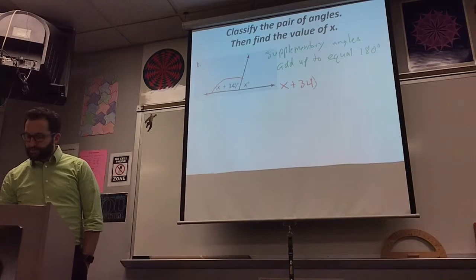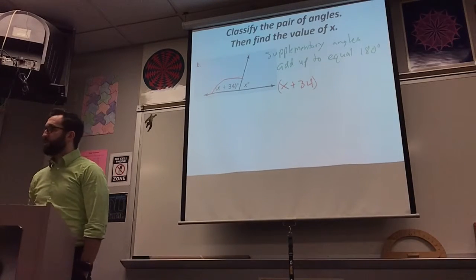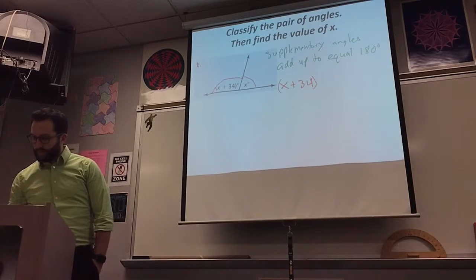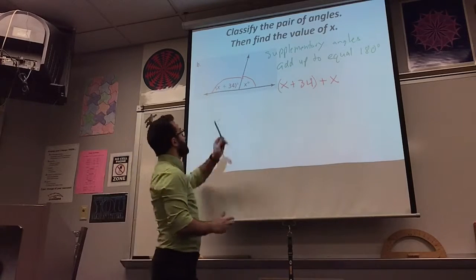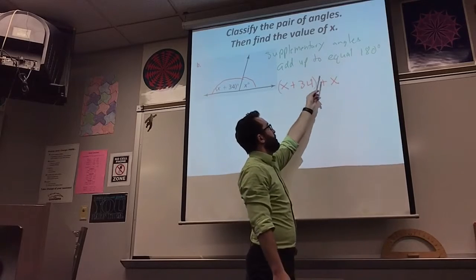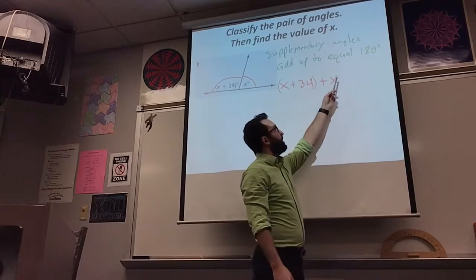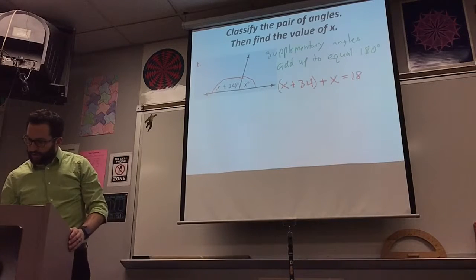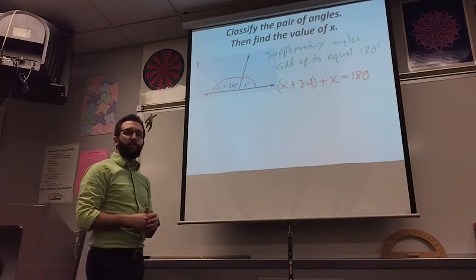If you want to include the parentheses in there, you can. You do not have to, but you can. What does the second angle measure? Plus x. Why am I adding those two together? Because the two angles will add up to equal 180 degrees. That is my equation.